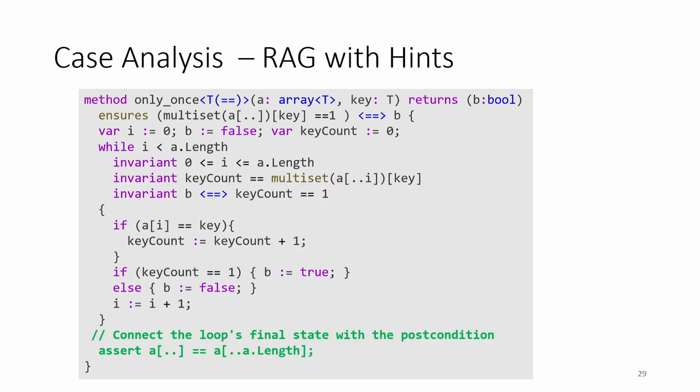Now I will go over some specific examples where the hint augmented generation actually improves performance. This was the example which motivated this hint augmented generation, and you see with DafnyPro, the LLM figures out the correct hint.